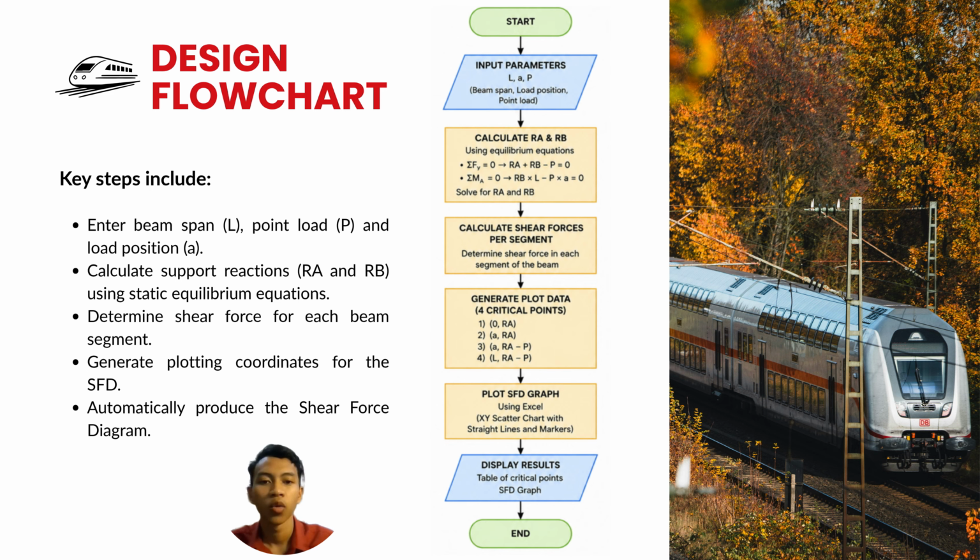The equation is total Fy equal to 0, which is reaction A plus reaction B minus P equal 0. Next, total moment about A equal to 0, which is reaction B times L minus P times A equal to 0. We solve these equations to find RA and RB.